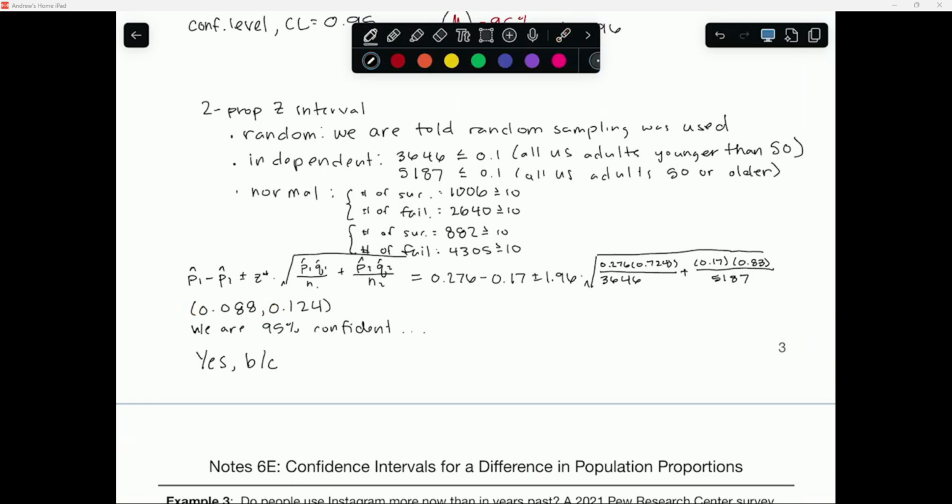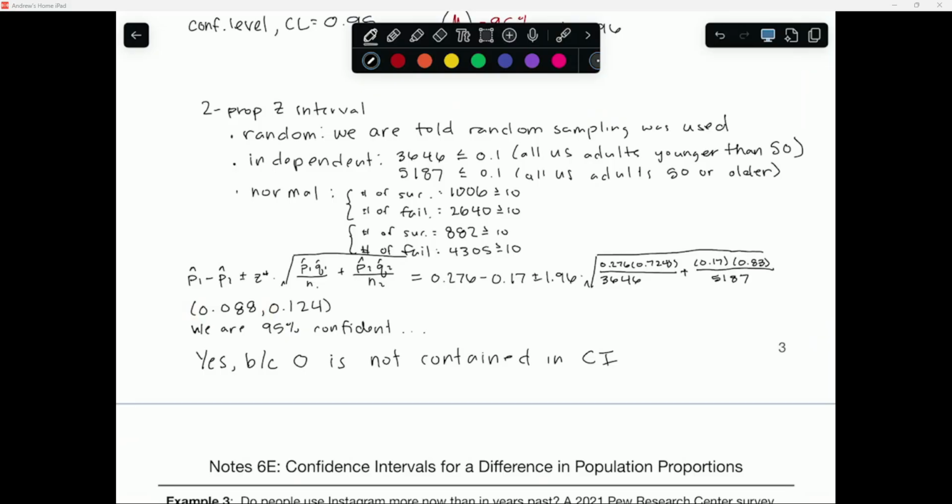Because 0 is not in my interval, I have convincing evidence of a difference. Reminder, I'm shortening this because of notes and time; on the AP test, you would write out the whole statement. Yes, we have convincing evidence of a difference in the proportions between those younger than 50 and 50 and older, because 0 is not contained in our confidence interval. Always more detail is a good thing.